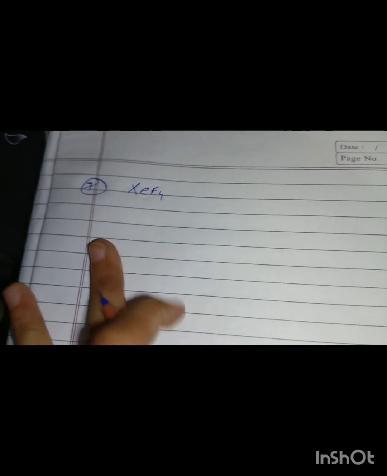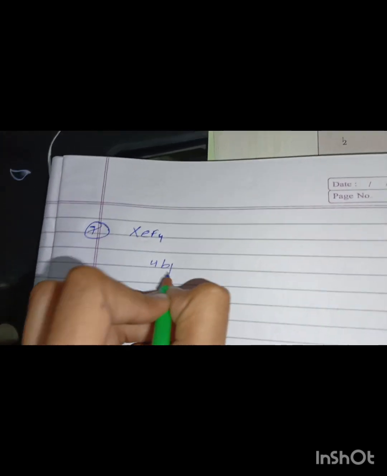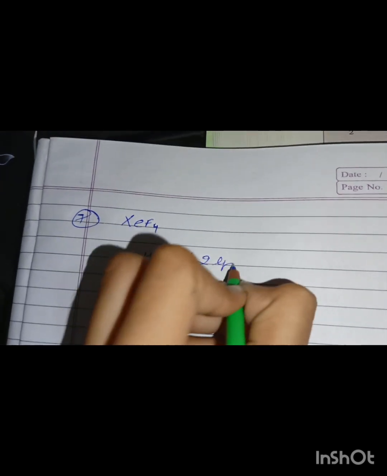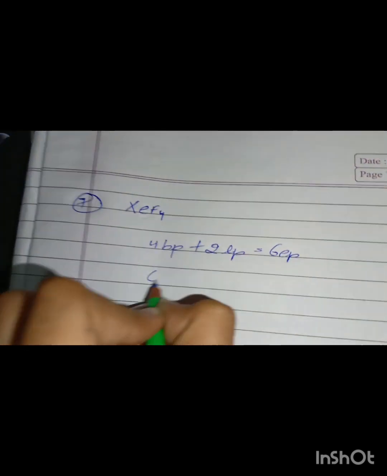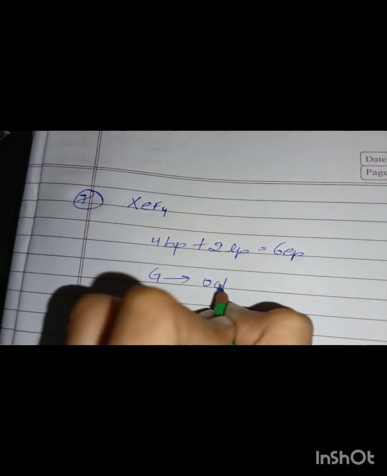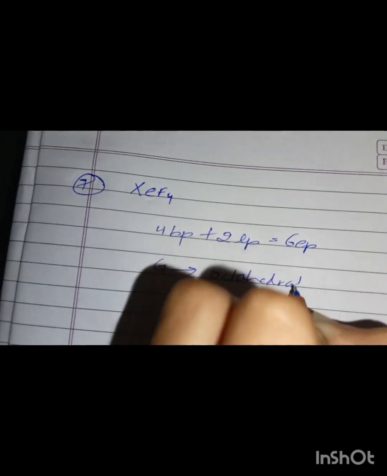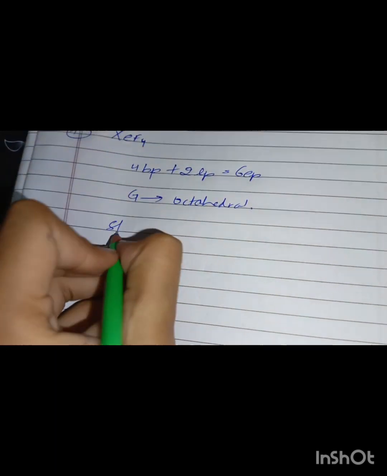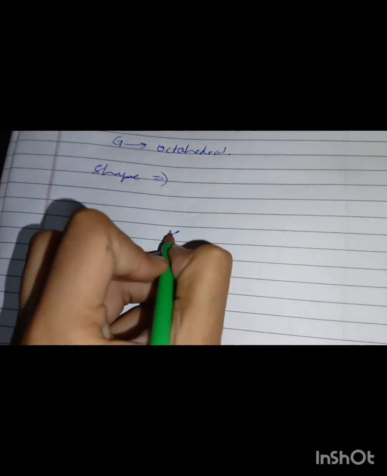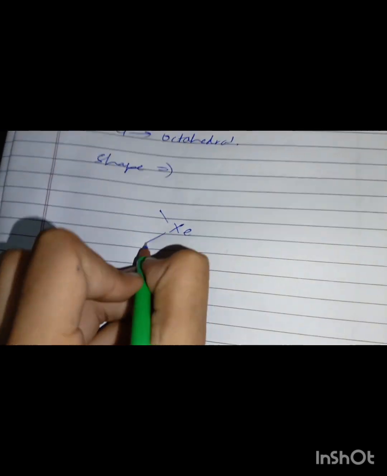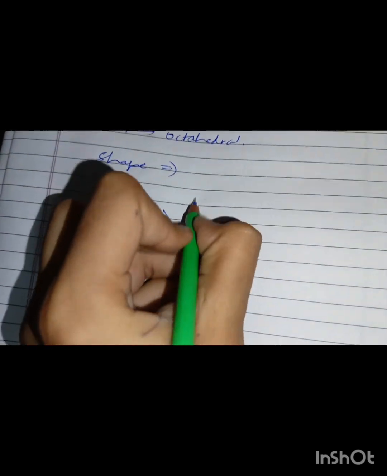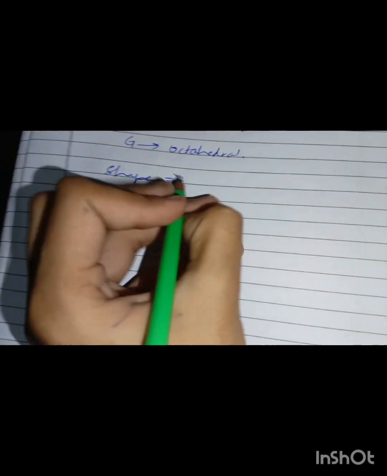XeF4. So 4 bond pairs, 2 lone pairs, 6 electron pairs. Geometry remains the same, that is octahedral, and the shape will be like this. We know that in the case of 6, we place lone pairs on these axes.